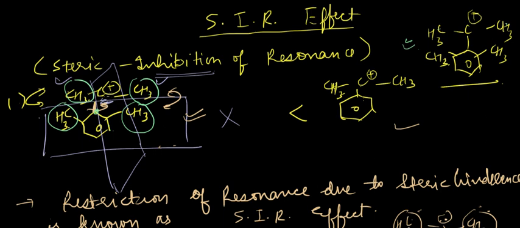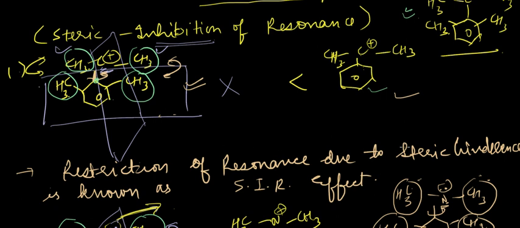If there is no conjugation, there is no resonance between the carbocation and the phenyl ring. So the phenyl ring and the carbocation lose their capability to have resonance with each other. Hence this compound will have more resonance when compared to this compound. The restriction of resonance due to steric hindrance is known as the SIR effect, or steric inhibition of resonance effect.